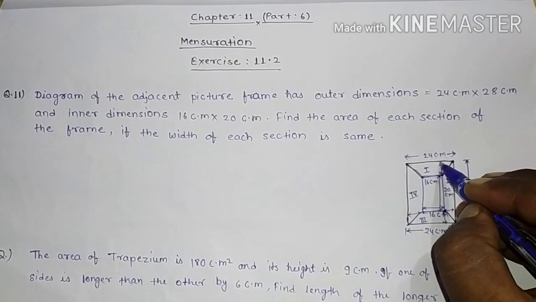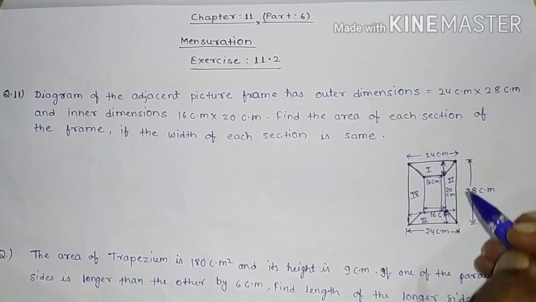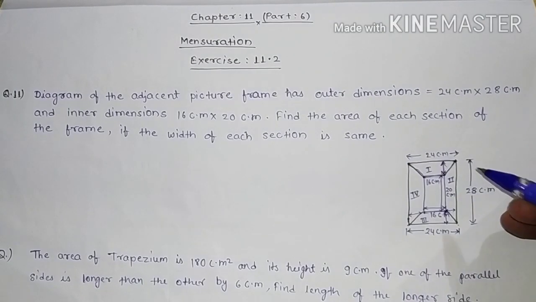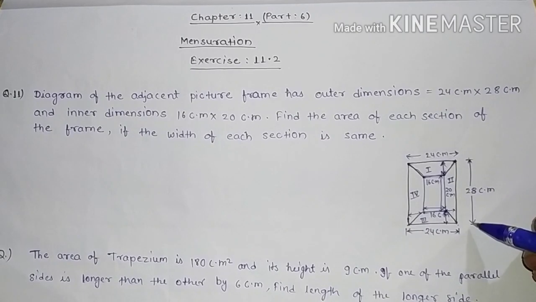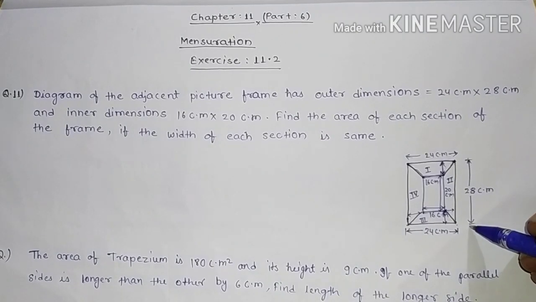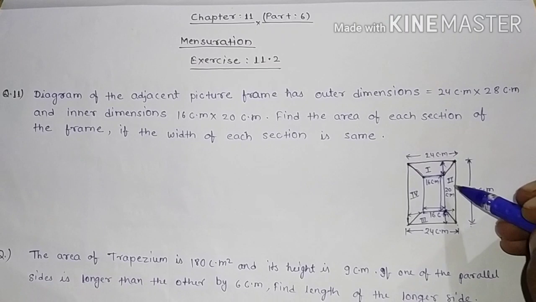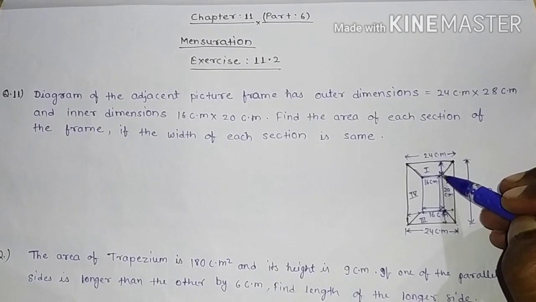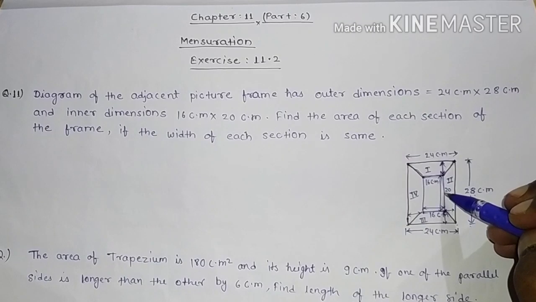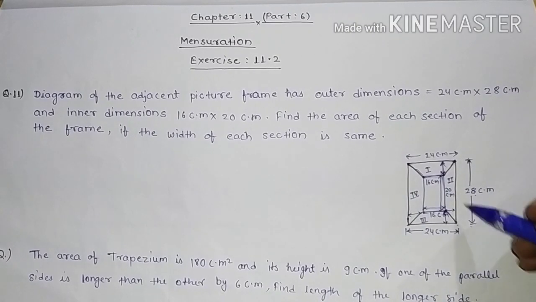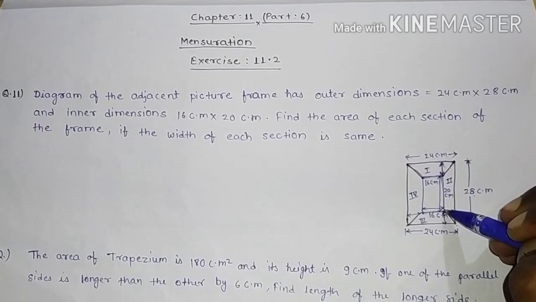Now what is the width of this section? Simply, the total height given for the outer dimension is 28 centimeter, and the length given in the inner dimension is 20 centimeter.